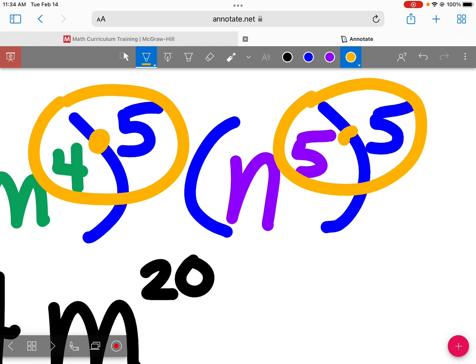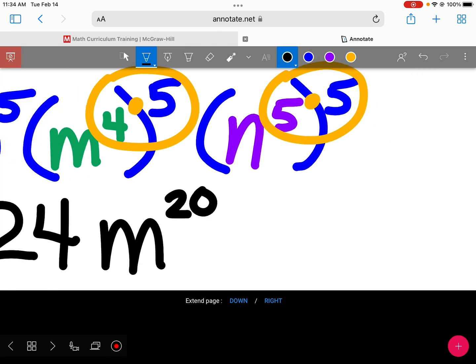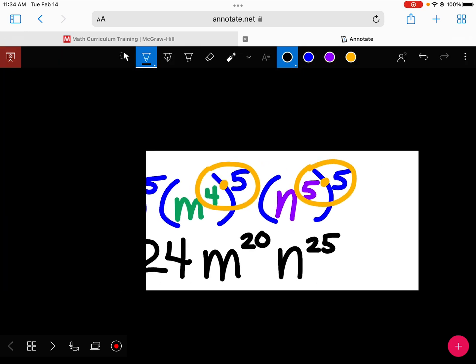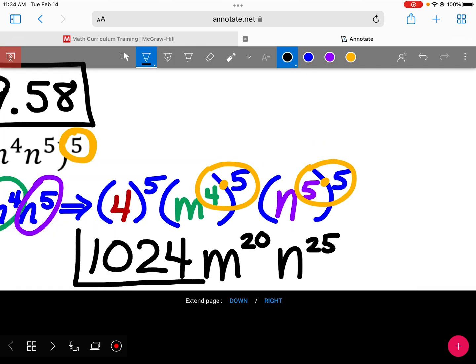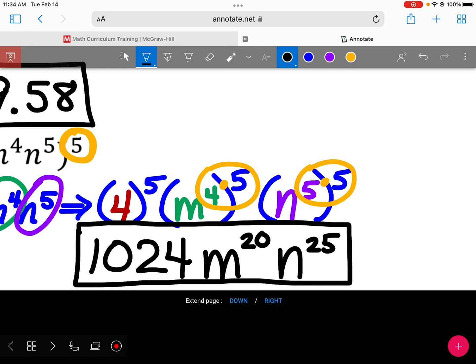So I'm going to multiply these exponents together, and that gives me n to the 25th power. That would be my final answer on number 2. That would be an equivalent way of expressing the exact same idea. It has the same value as what we had originally, but it's written in a way that looks different.